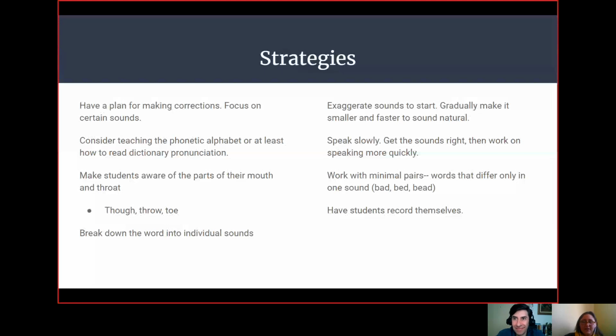So if they record themselves, they can play it back and actually hear the mistakes they're making, which is a good reference point for them. And they can compare it to how it's supposed to be said. And you don't need any special equipment to do that. I think pretty much every smartphone has a record function on it.